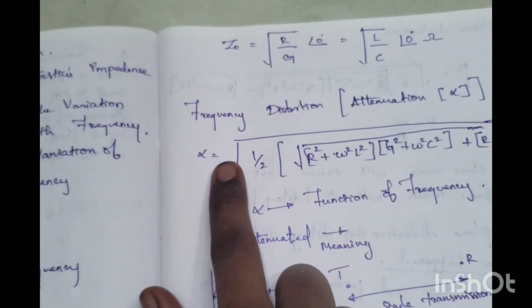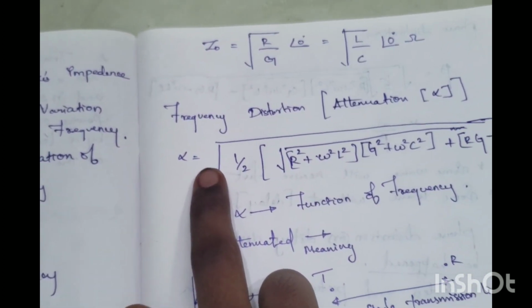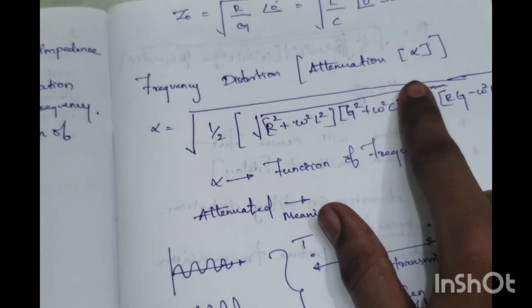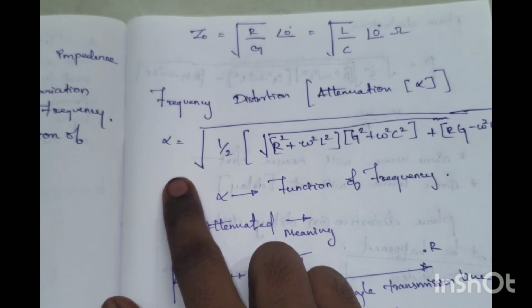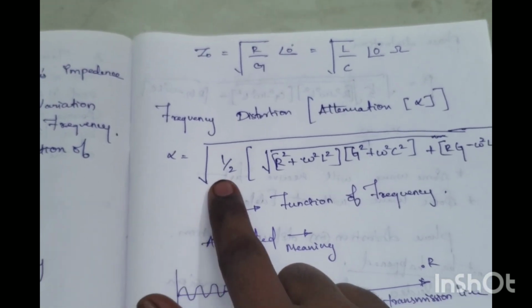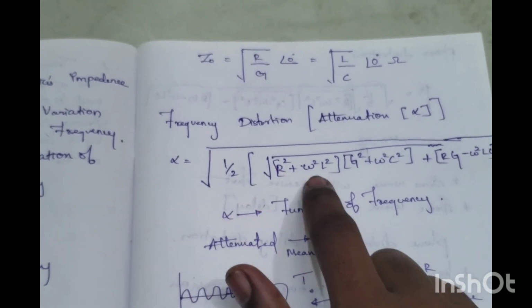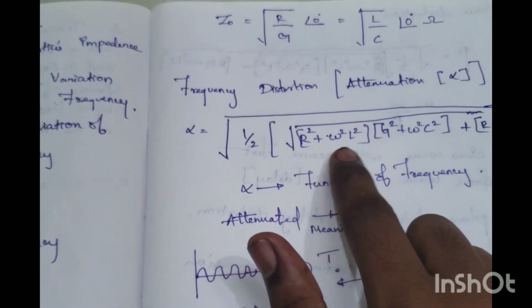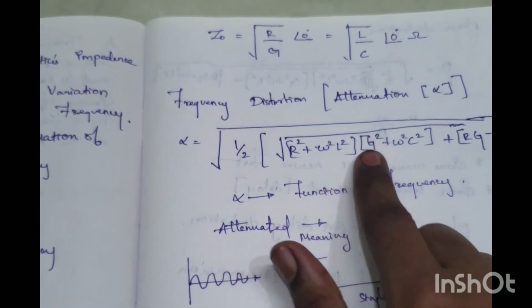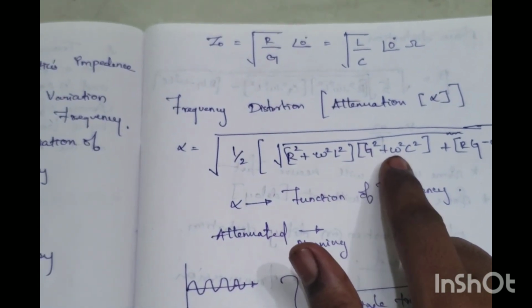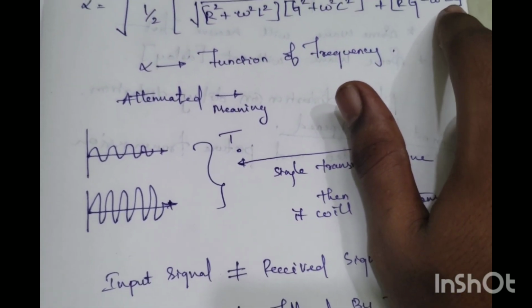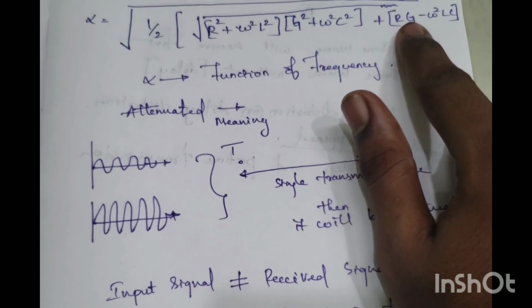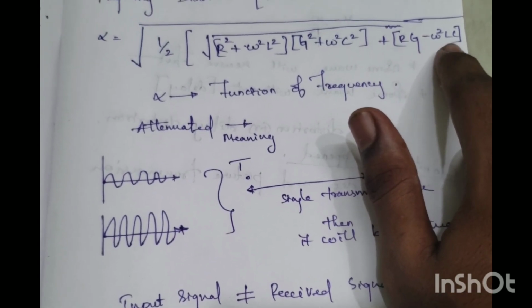And then frequency distortion, that is attenuation alpha. The formula is alpha equals root of one by two of the whole of root of (r square plus omega square l square) into (g square plus omega square c square) plus r g minus omega square l c.